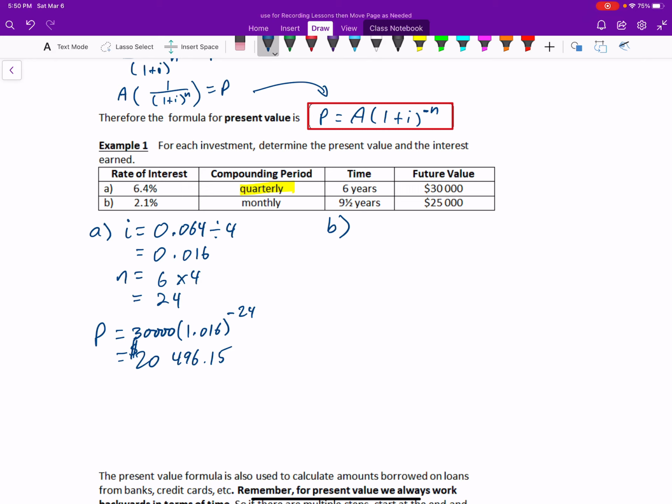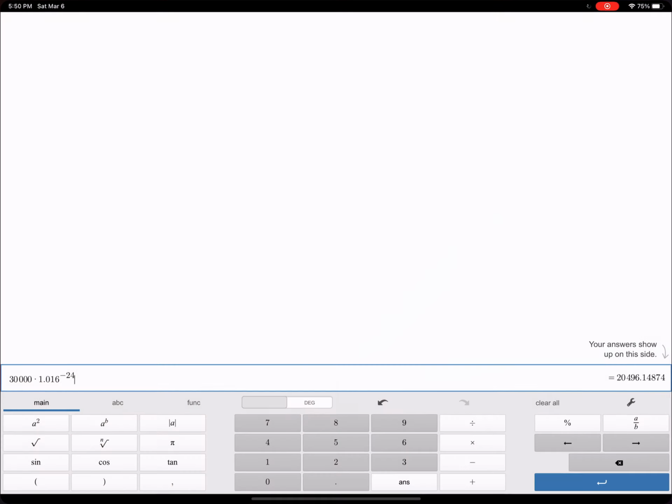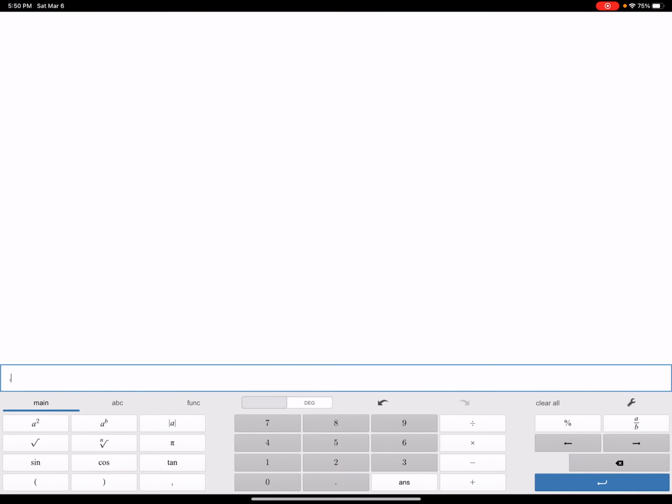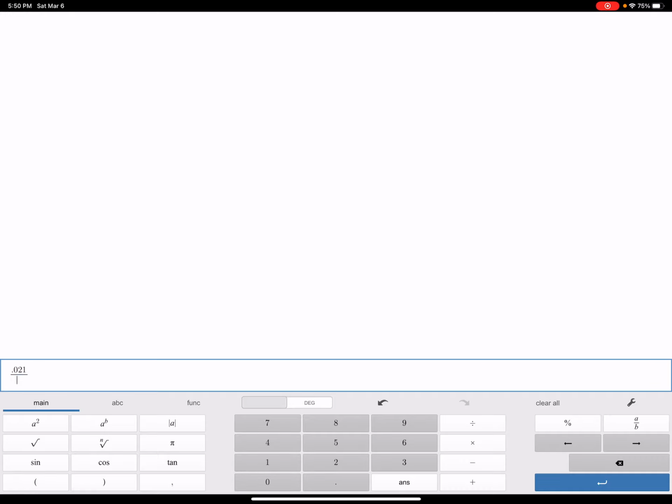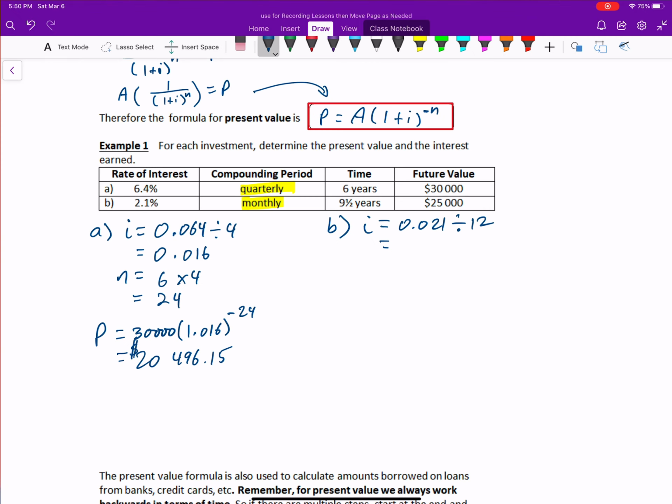B part, just the same idea, different numbers. So i is going to be 0.021 divided by what? Well, divided by 12 because it's monthly. Now that's one that I'm going to need my calculator to help me figure out. Don't have that at my fingertips. 0.021 divided by 12 is 0.00175.